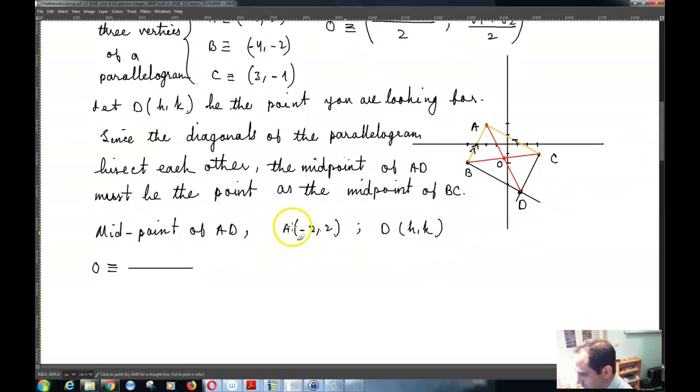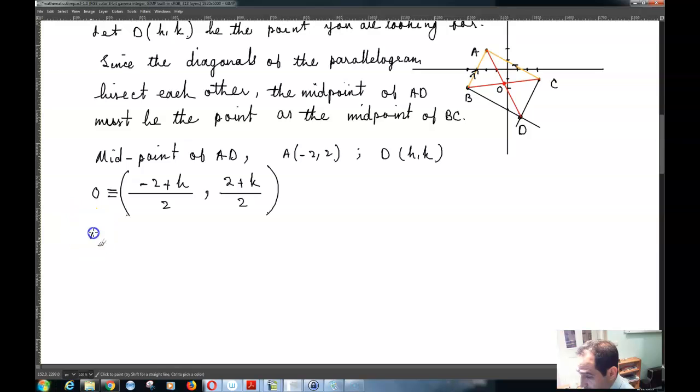You don't really need to bother about the ratio anymore, because the ratio is 1 to 1. So I can write negative 2 plus h divided by 2 comma 2 plus k divided by 2. That would be point O.